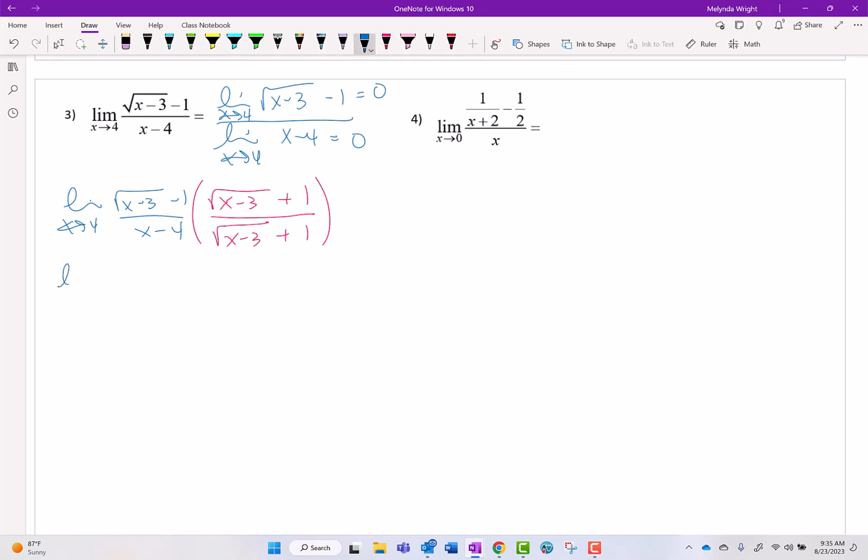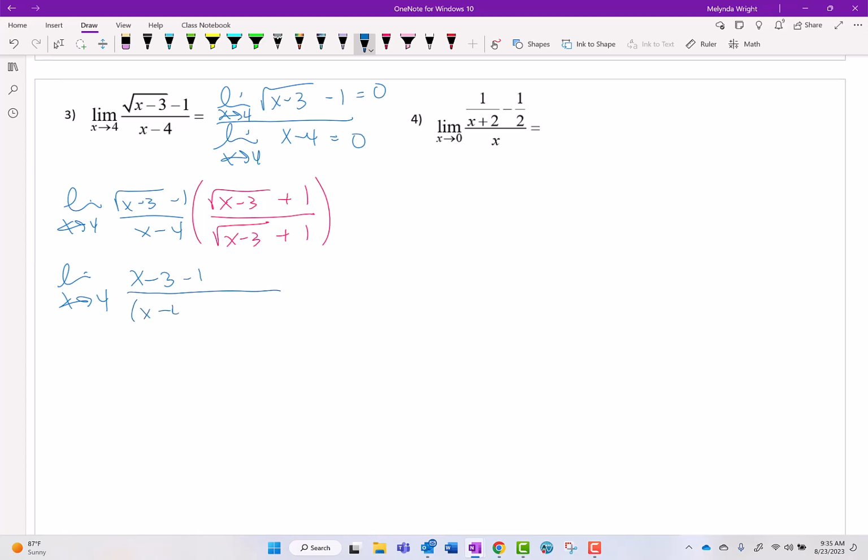So we've got the limit as x goes to 4. So the beauty of the conjugate is that when we FOIL it out, the middle term goes away. Remember that? We FOIL out, the middle term goes away. So root x minus 3 times root x minus 3 is just x minus 3. Outside, inside, cancel out, so I'm not even going to multiply them together. -1 times 1 is -1. All over.